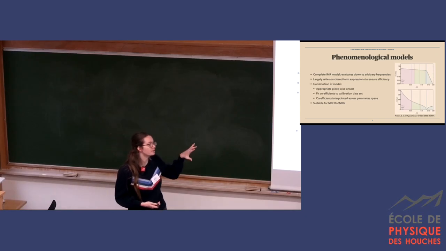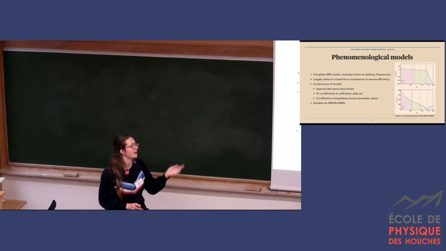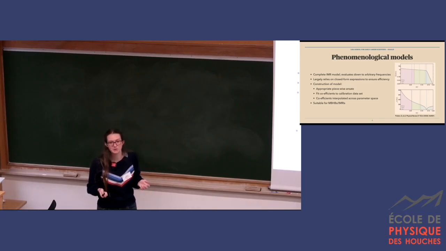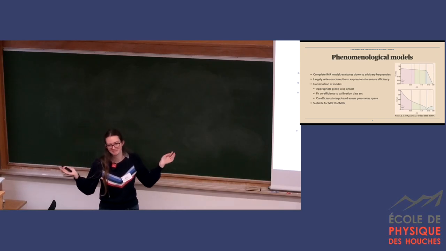But yes, from a practical standpoint, you can compare them in terms of computational efficiency. You can compare them in terms of accuracy across the parameter space. And at the very end, I have a comparison of lots of different models. I personally don't think you can compare them in a way that says this one model is always better than the other one.